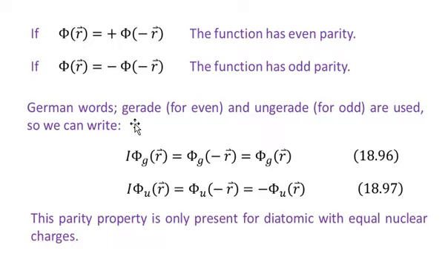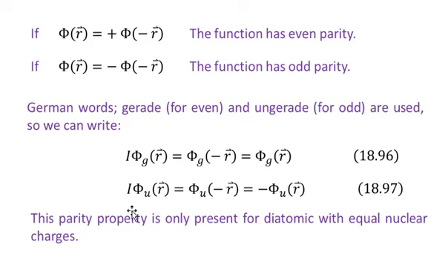The German words gerade, which stands for even, and ungerade, which stands for odd, are used. So for gerade, I can use a small g, and for ungerade, I can use a small u. So I operating on the wave function, which is a gerade wave function, an even wave function, will produce phi g of minus r, and since this is a gerade wave function, having even property, it will produce phi g of r.